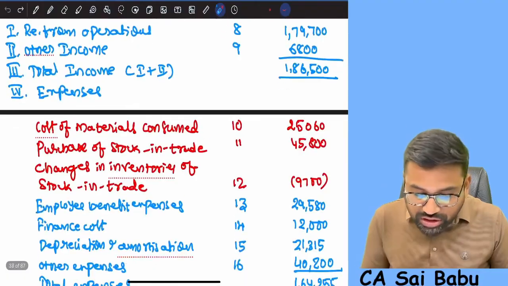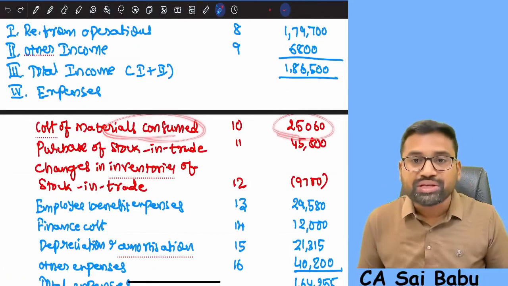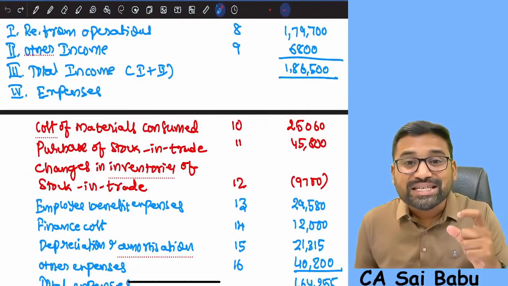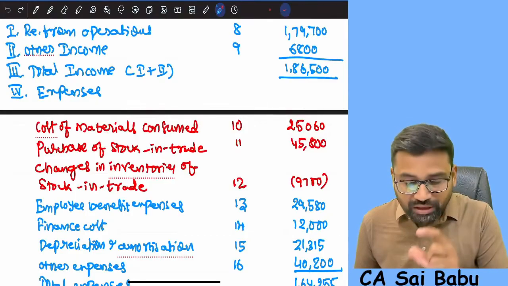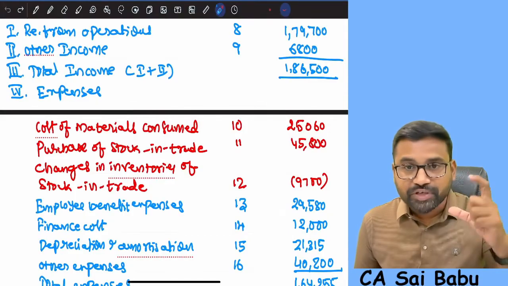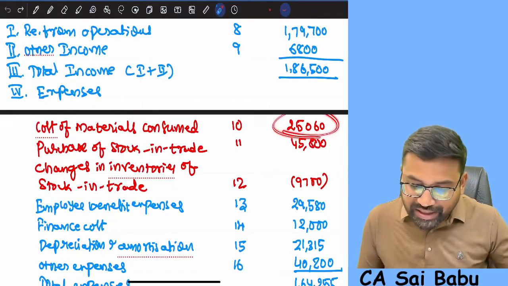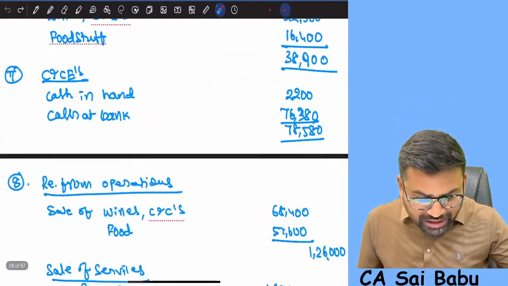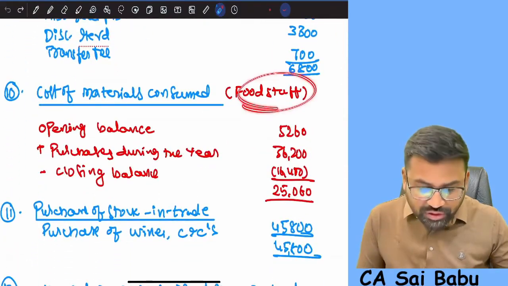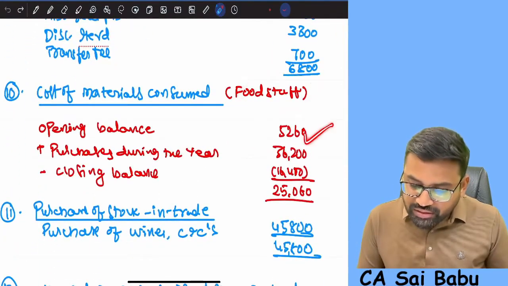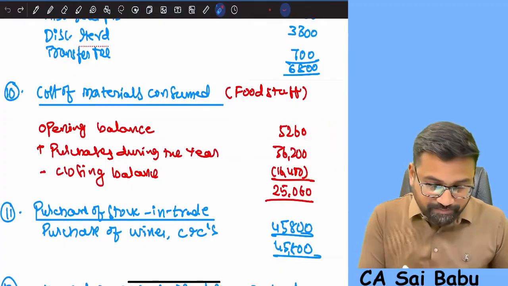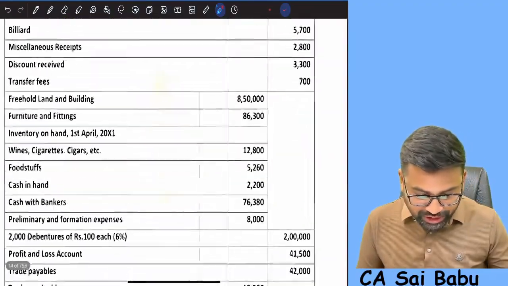So, cost of materials consumed, we need to show separately. Understand the presentation aspect of raw material here in this case, how they are going to be presented in the financial statement. Cost of materials consumed is nothing but foodstuff. How to find out consumption? Opening plus purchases minus closing. Okay. So this is one important adjustment.